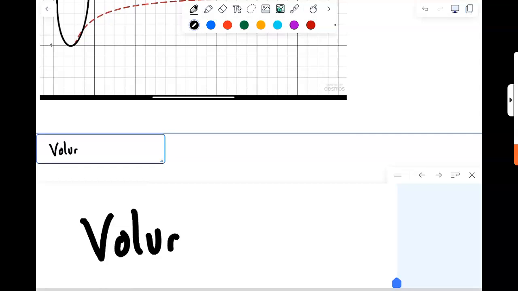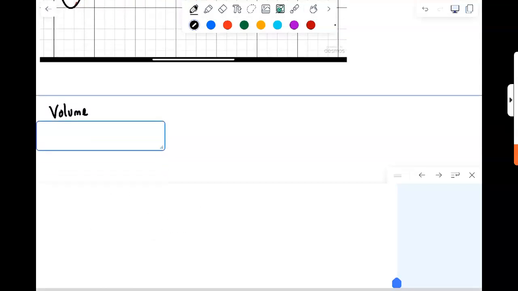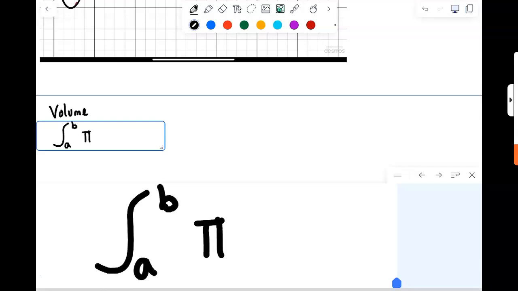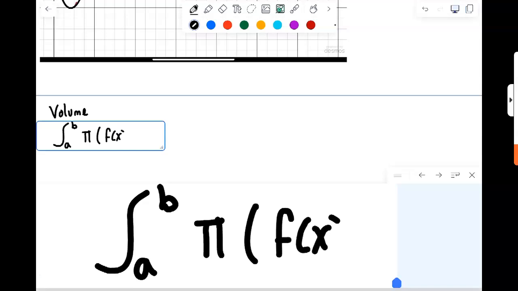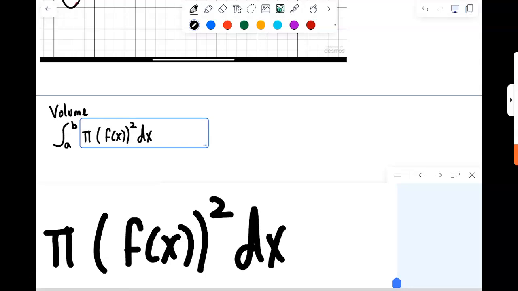So as we approach the question of volume, we know that we're going to do the integral from a to b of pi times the function squared, the radius squared, dx.